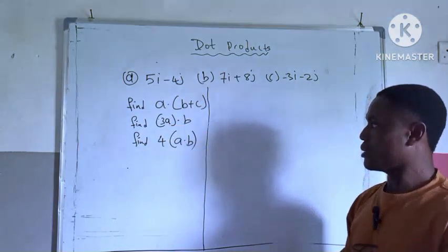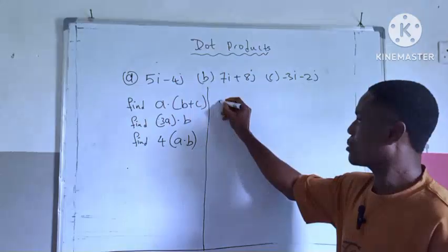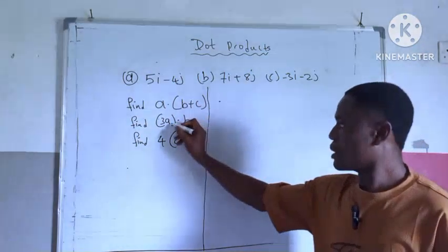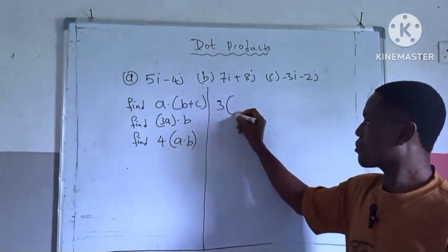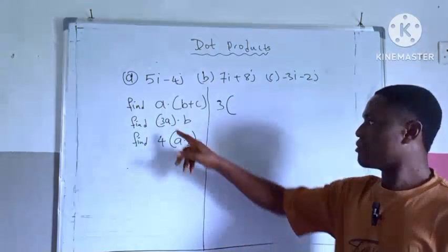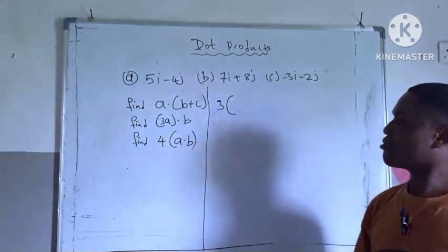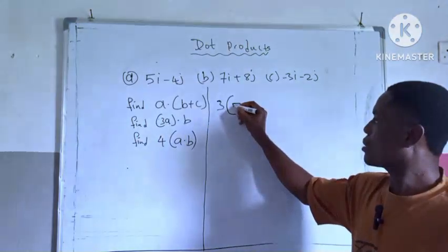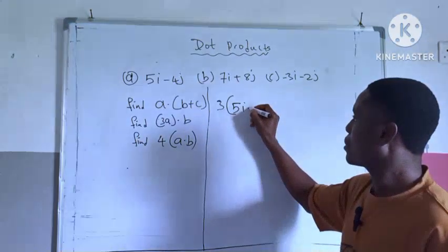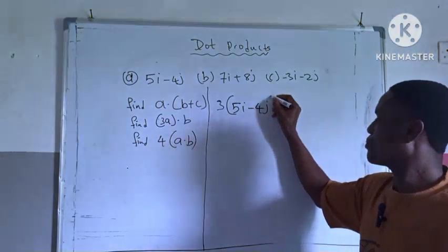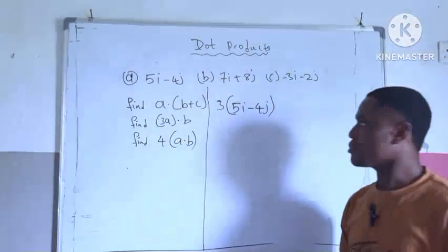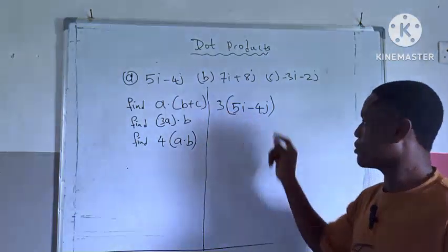So let's first solve for this one. Okay, we have 3 here, right? So write 3. Let's first solve for this part. That is 3a. The values of A is what? 5i and minus 4j. So let's use this to multiply everything.